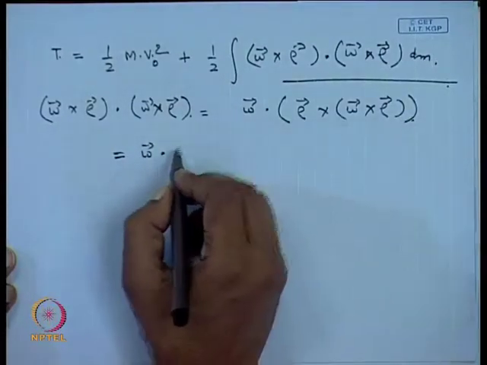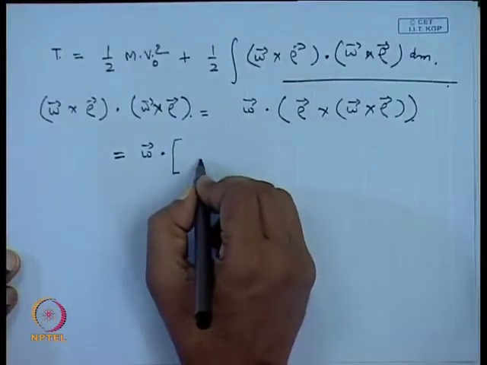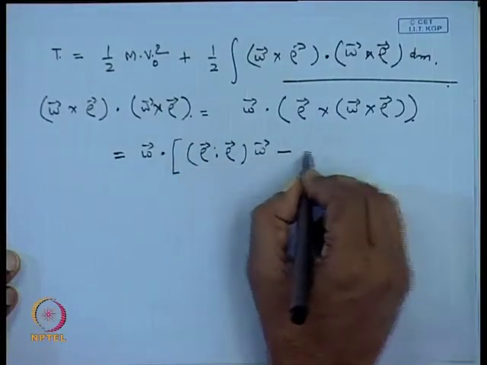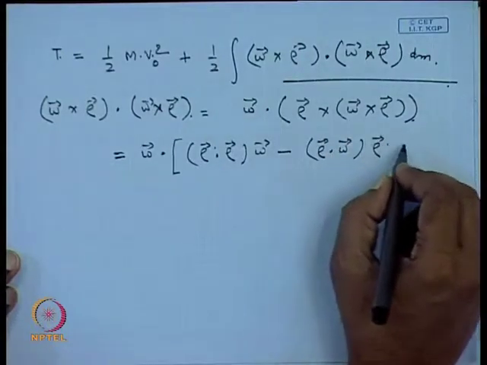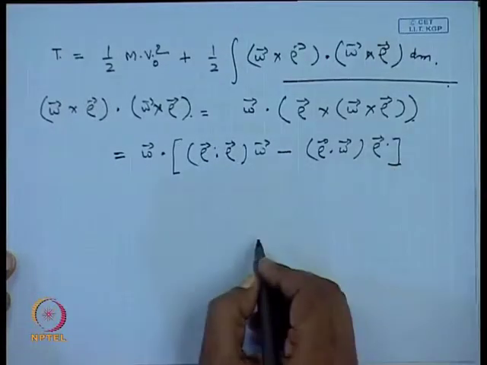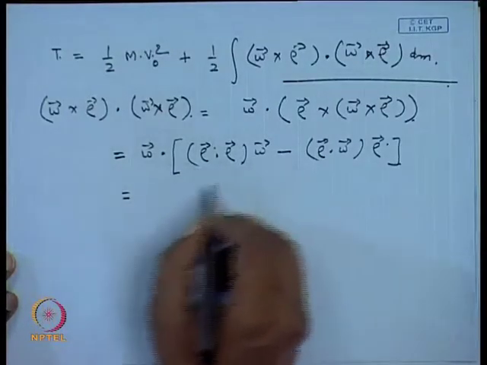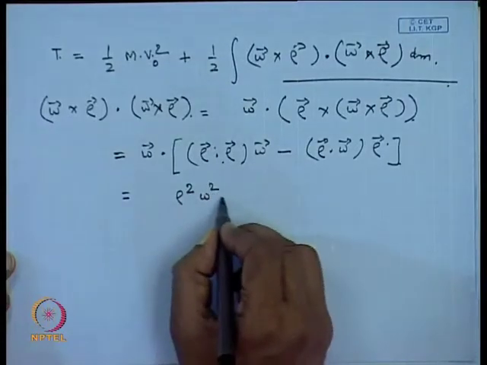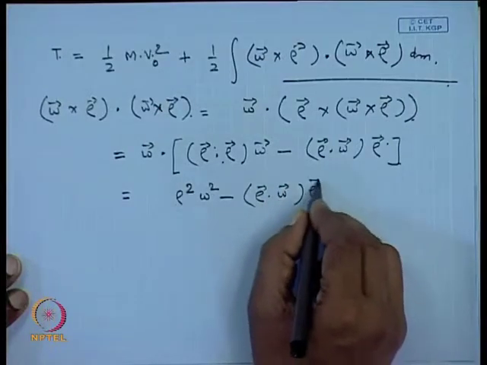This is the simple relationship we are using for the dot and cross product. So, this becomes rho dot rho times omega dot omega, minus rho dot omega times omega dot rho.